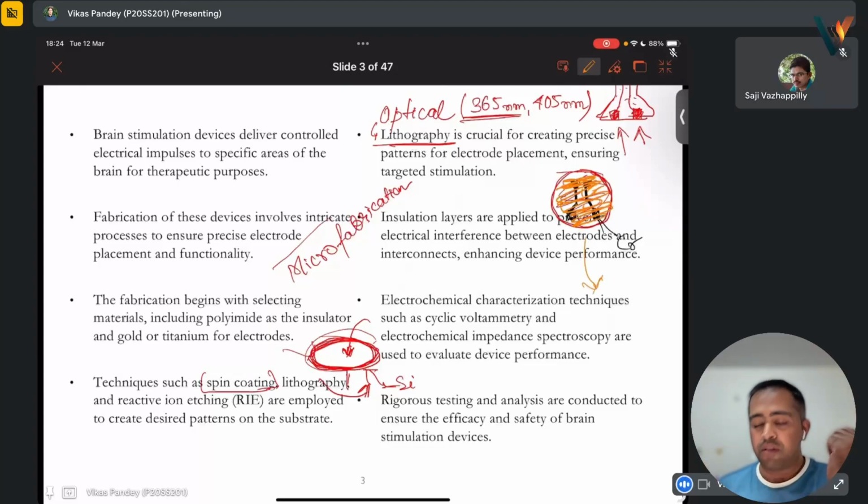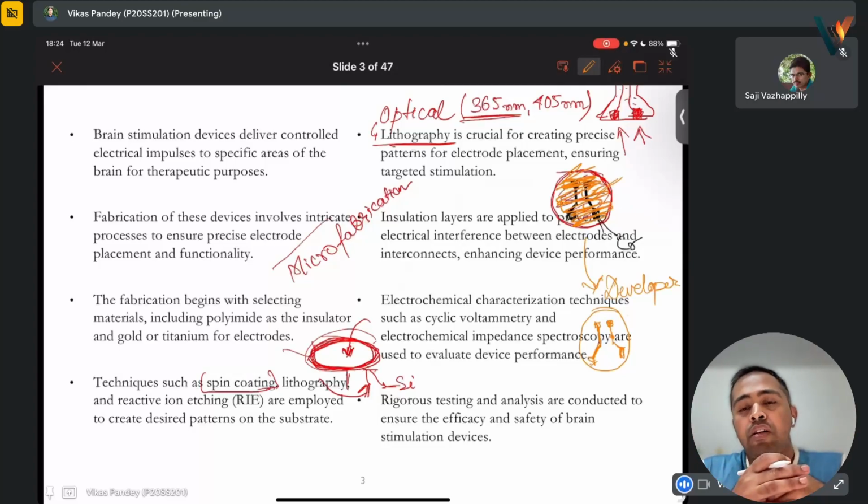Next we dip it into developer, and the developer removes the exposed parts, and what remains is just the wafer with this pattern left, and the other parts are removed.